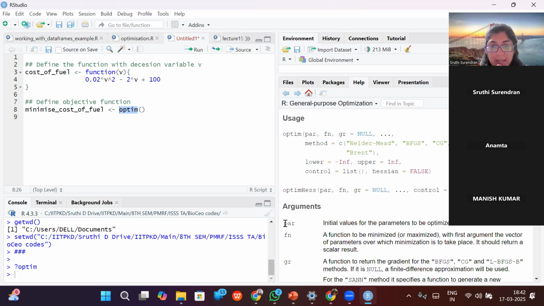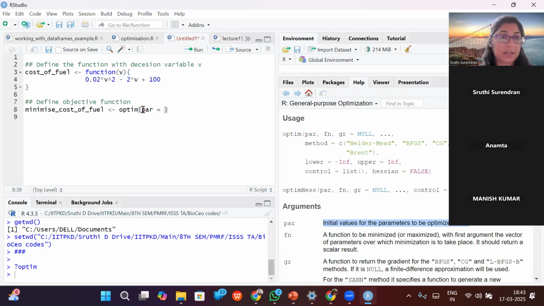So what is this PAR? PAR is nothing but the initial values for the parameters to be optimized over. So we want to optimize this parameter V. We want to find the best or the most efficient value of this parameter V. And so our PAR is going to be equal to the initial value.